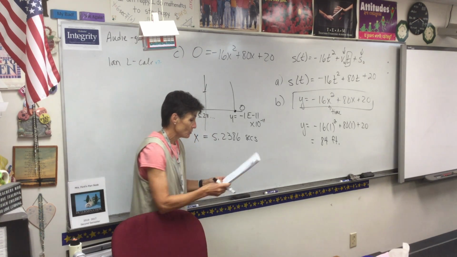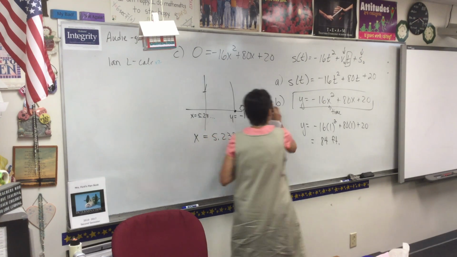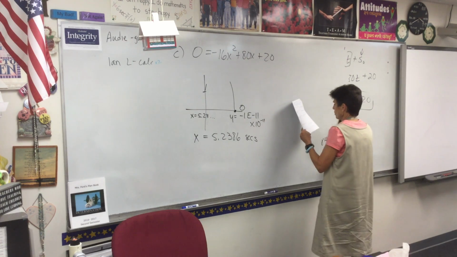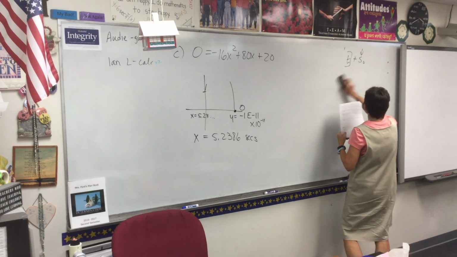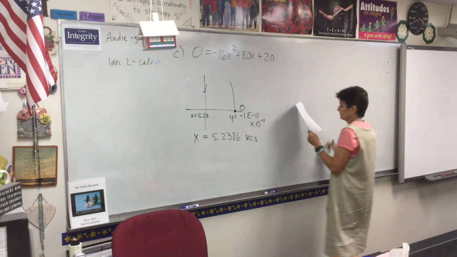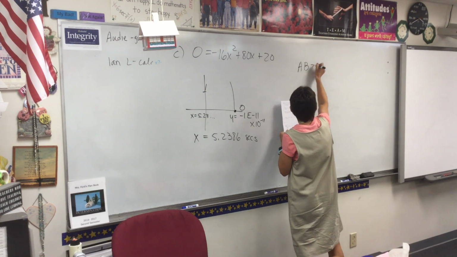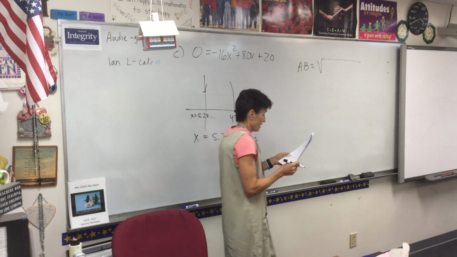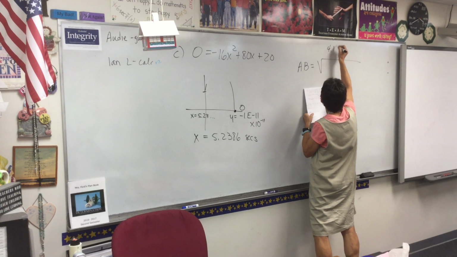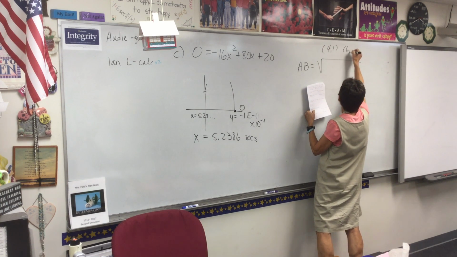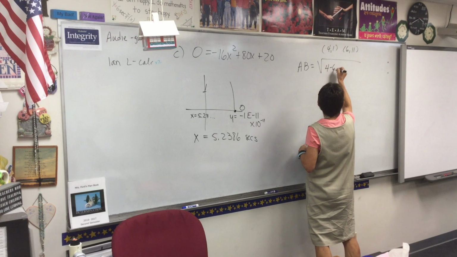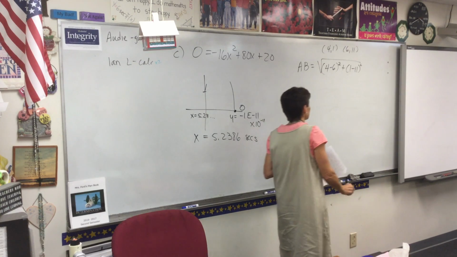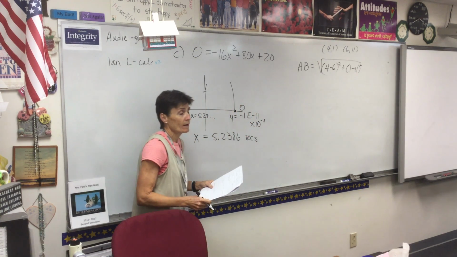And finally, the last two questions. What is the first one asking me for? What does AB mean? It means the distance, folks. It means the distance. So your points are (4, 1) and (6, 11). So 4 minus 6, 1 minus 11. We subtract our x's and subtract our y's.